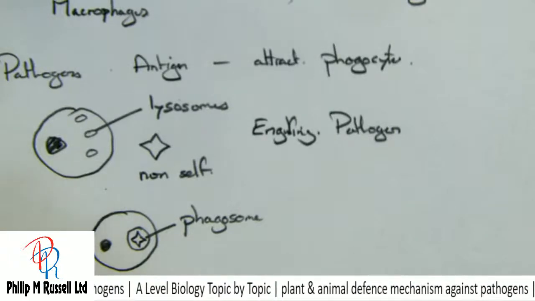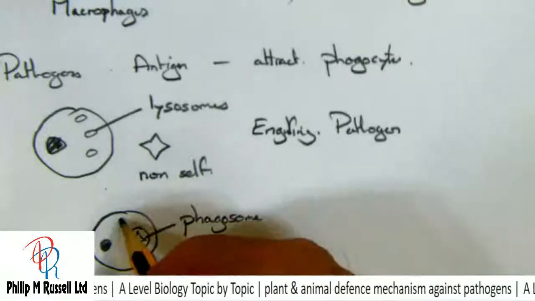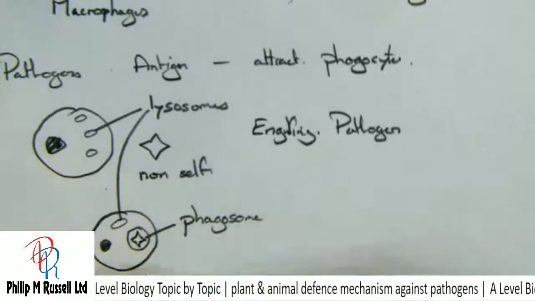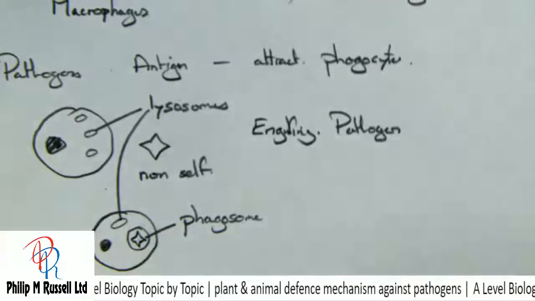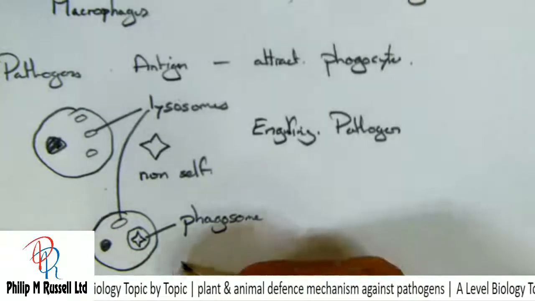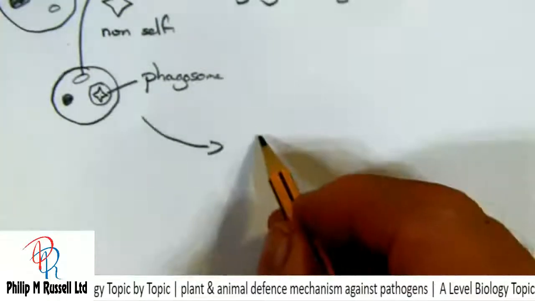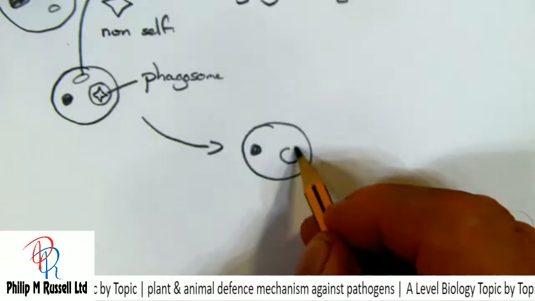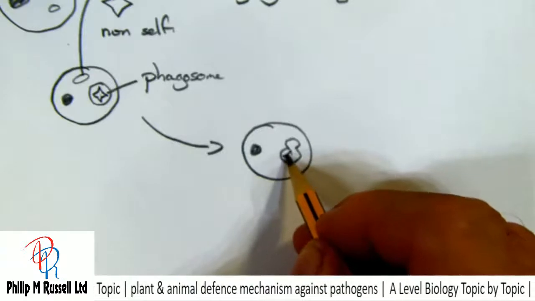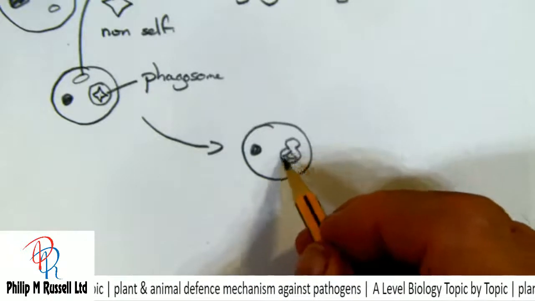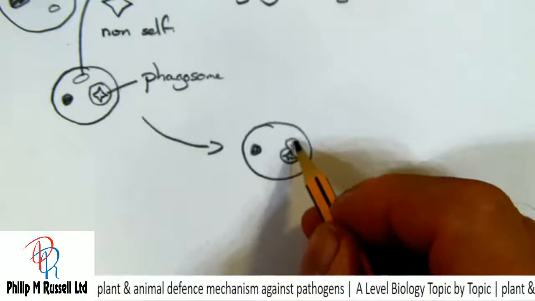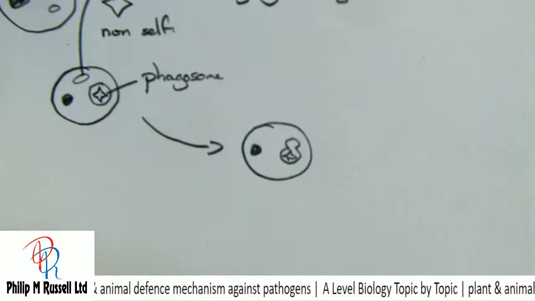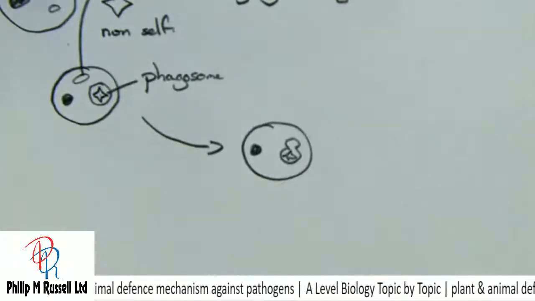So we have this simple phagosome in there. Now we've also got lysosomes in here, and these lysosomes move towards the phagosome, and what we're then going to see is this phagosome binds to the lysosomes, and all those chemicals are released into here, and basically this is all going to be chopped up and destroyed.